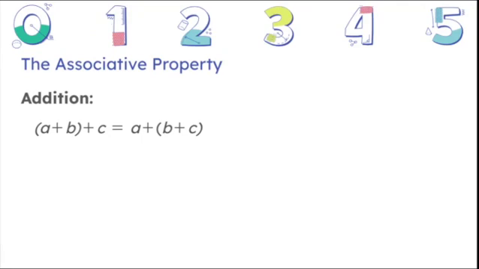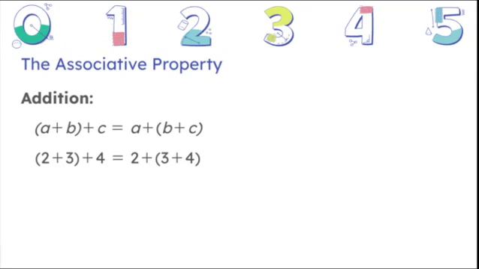Let's substitute in the numbers 2 and 3 for A and B, and we'll use the number 4 for C. So our expression, when we substitute in the numbers, looks like this. And maybe it's starting to make a little bit more sense to you now that we have some concrete numbers in there. So, following the order of operations, we're going to start from left to right, looking at our brackets first.